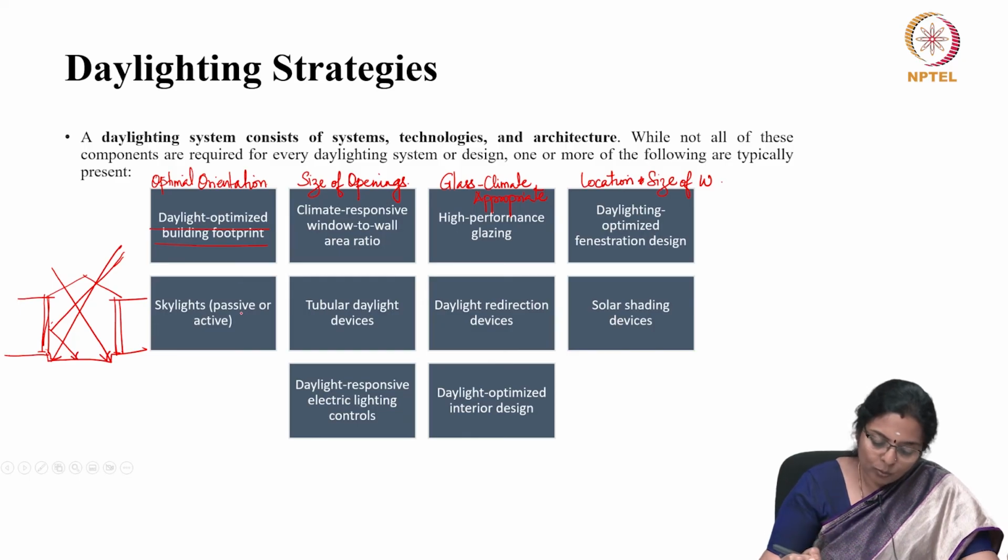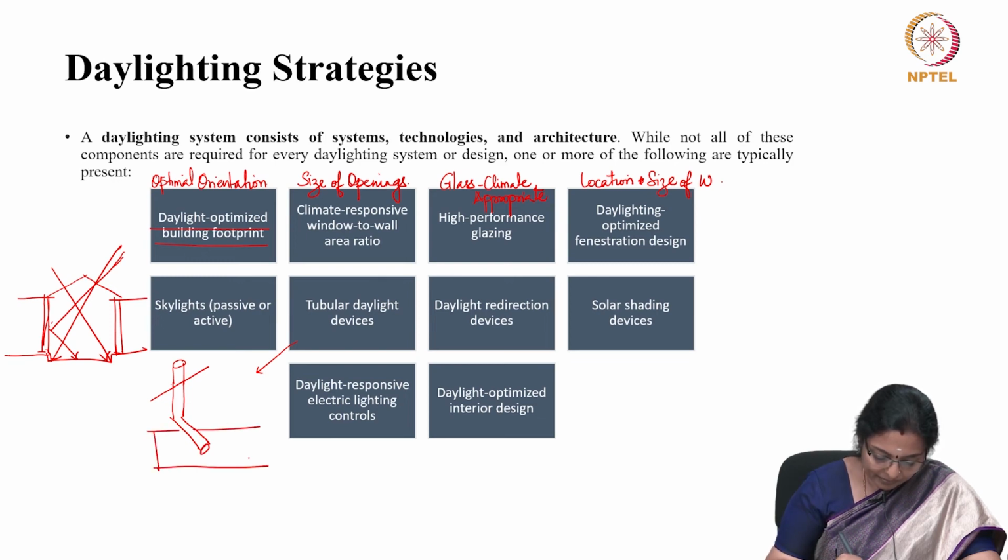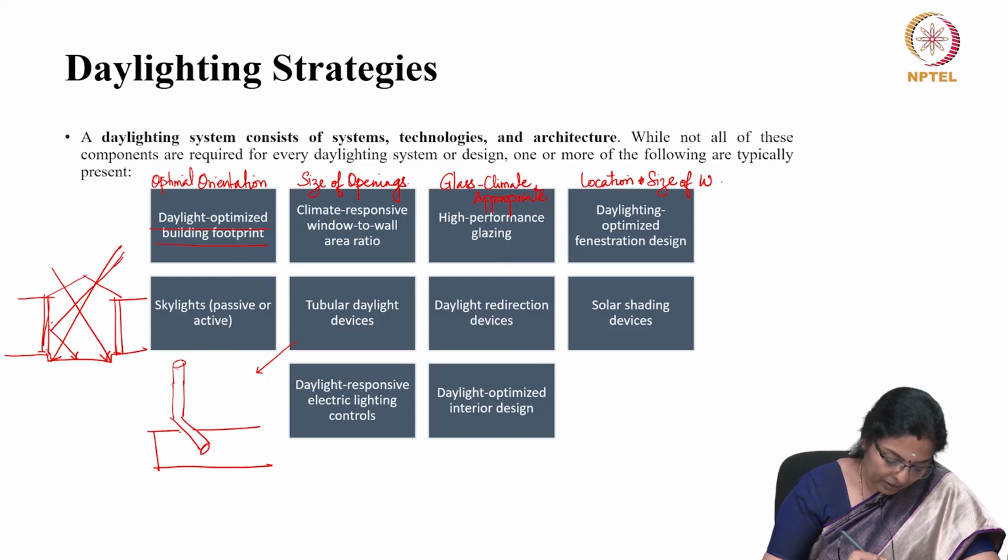And tubular daylighting devices, which we will see in detail, are devices which capture daylight and let in the daylight into spaces which have no access to openings, and that happens through a series of reflectors.